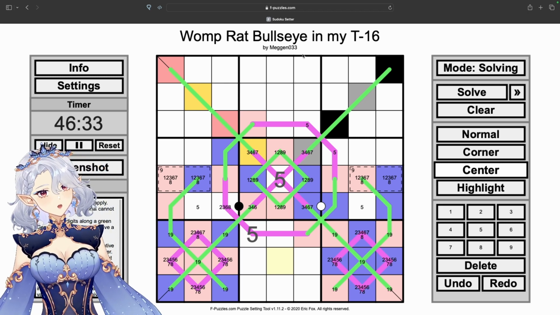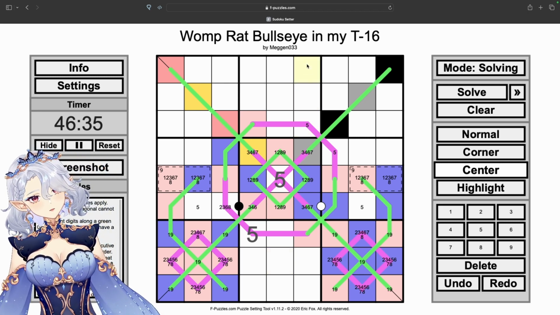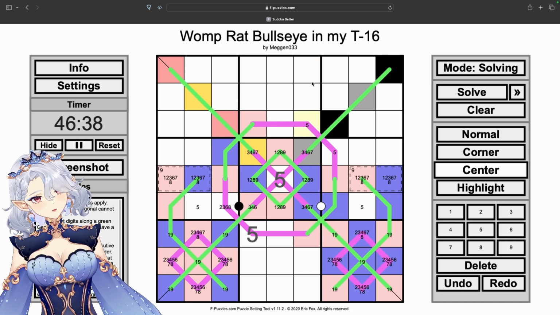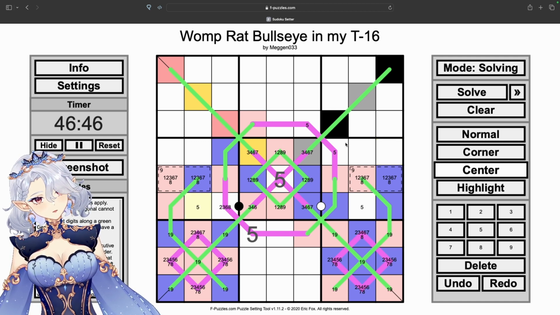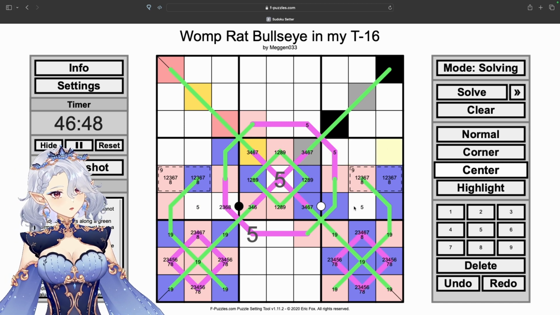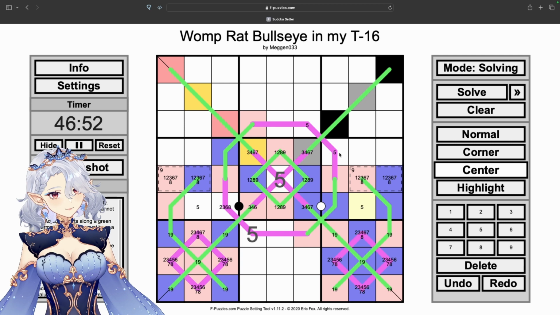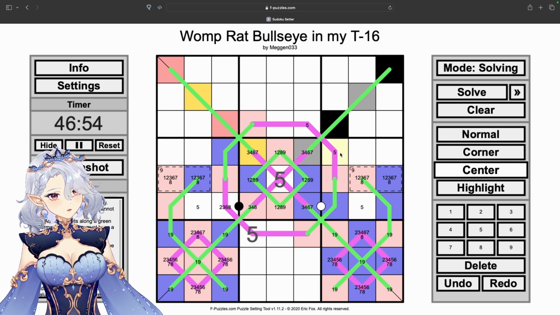So these three have to include a 5 definitely, and these three, because this is already seen. Oh no, these three not, because this could be a 5. But if this is not a 5, it has to be in one of these three spaces.